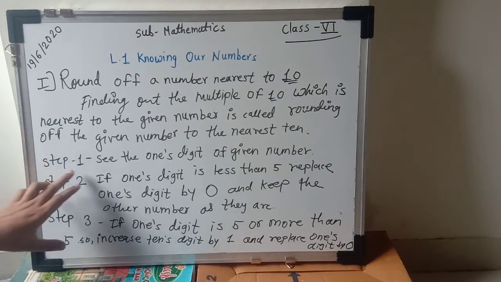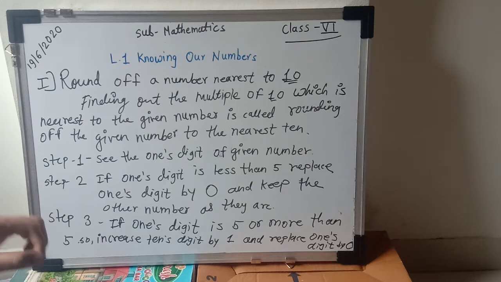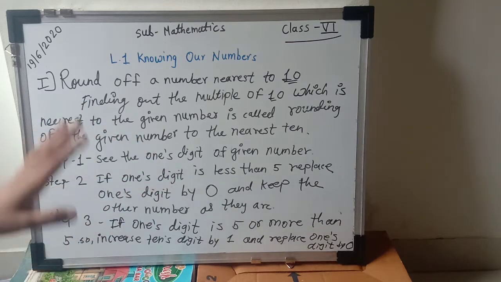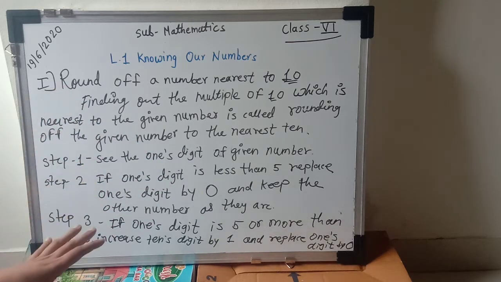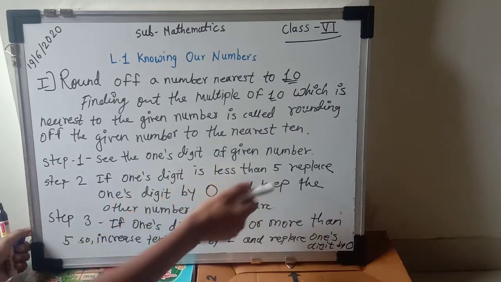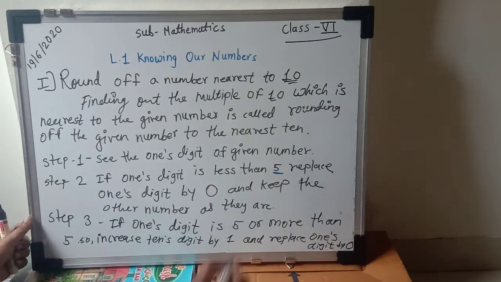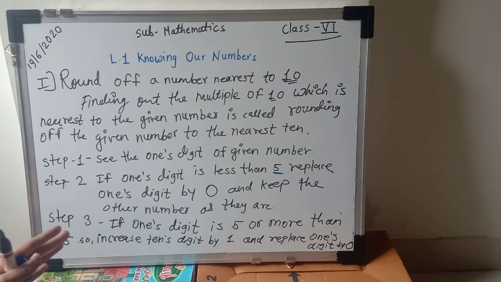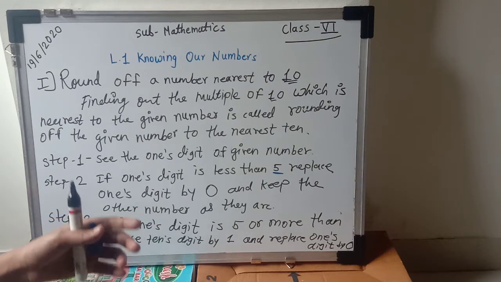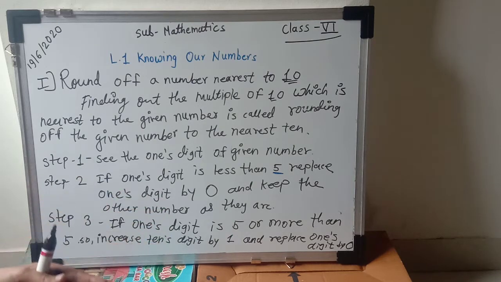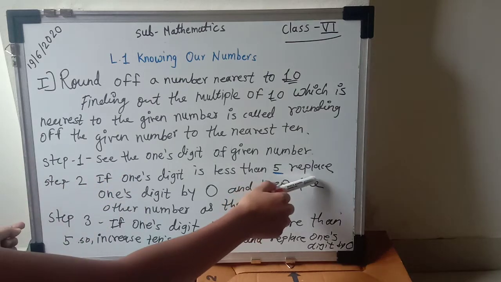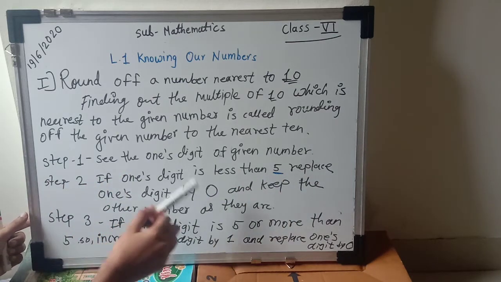So remember, the first step is to see the ones digit or ones place of the given number, whatever number it may be, 4-digit or 5-digit numbers. We have to see the unit place and which number is there. Then if the ones digit is less than 5, maybe 1, 2, 3, 4, which are below 5, we replace the ones digit by 0.